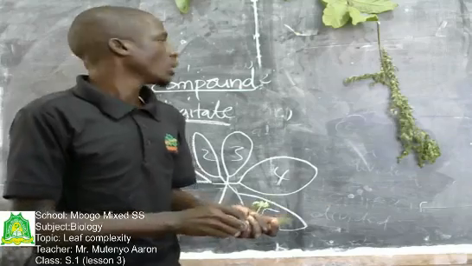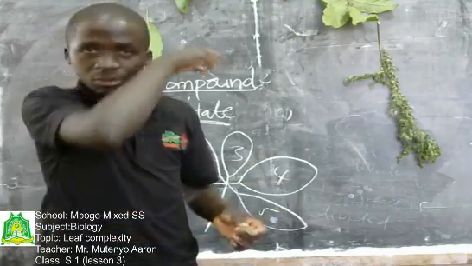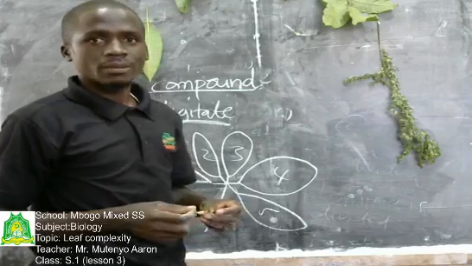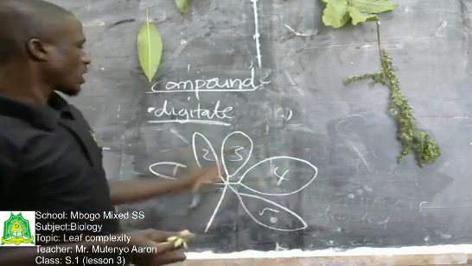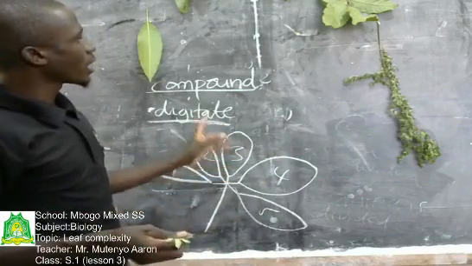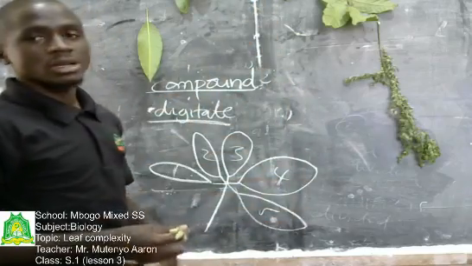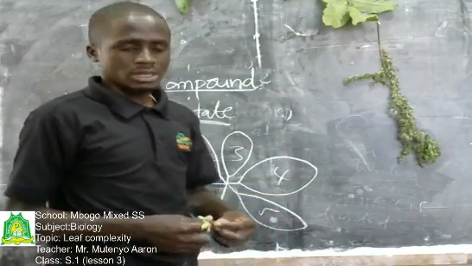You can Google the American spider herb, or what we call the spider flower. Even the scientific name they bring for it is very important. So try to research about it. So it is another form of leaf complexity when you're talking about compound leaves. It's an example of compound leaves.